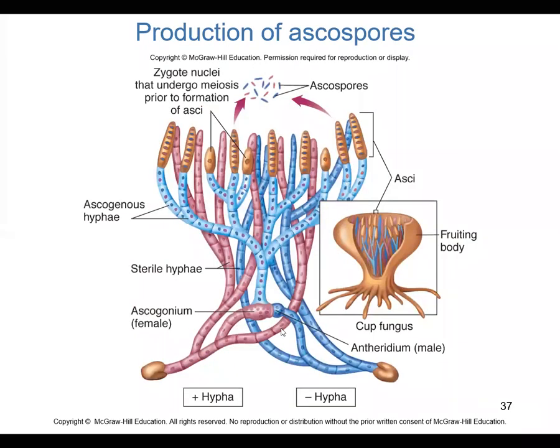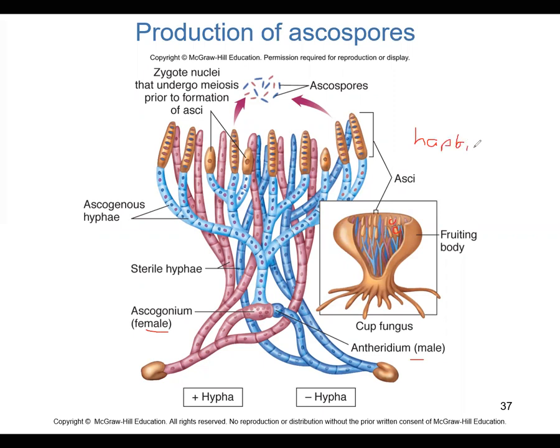Over here on the ascospores, again, we have the male and the female hyphae. They merge and you get the new hyphae coming up out of it. And up at the tips, which is what we're drawing right here, inside here, you have the spores. Now, unlike the zygospores, these are haploid.